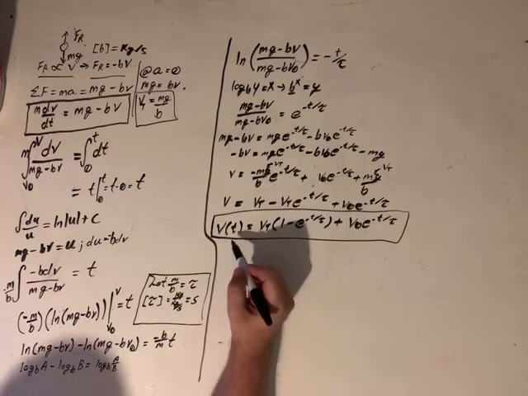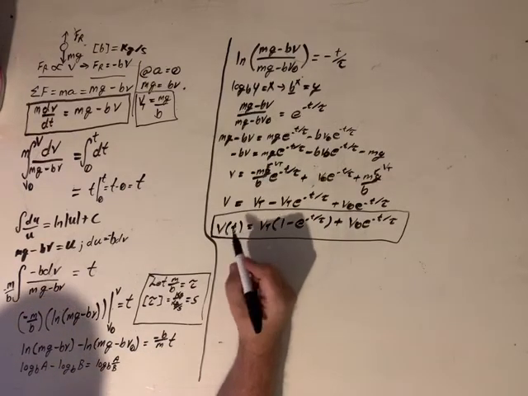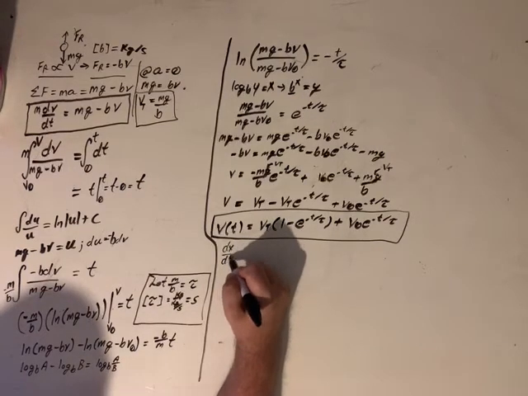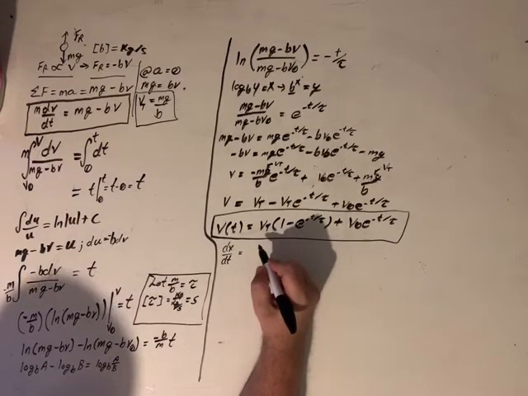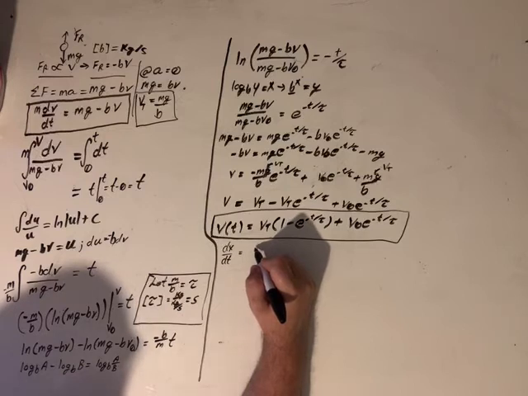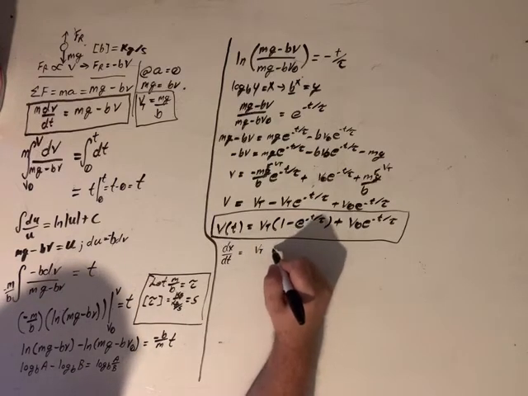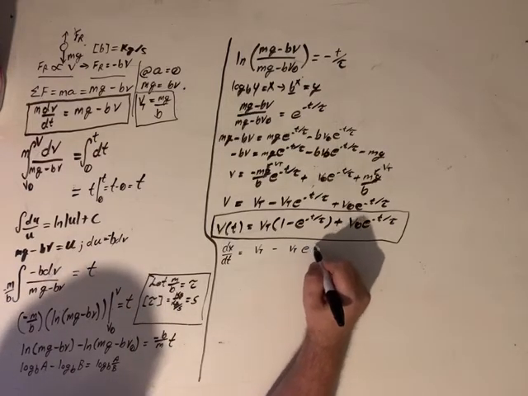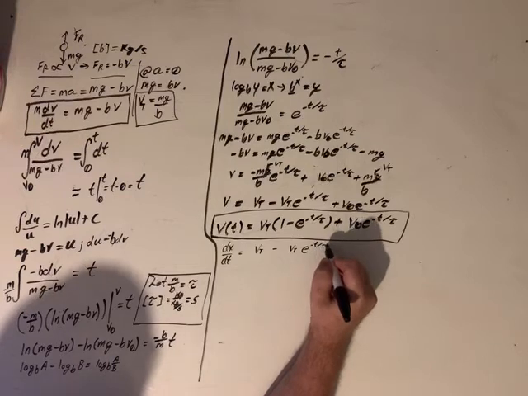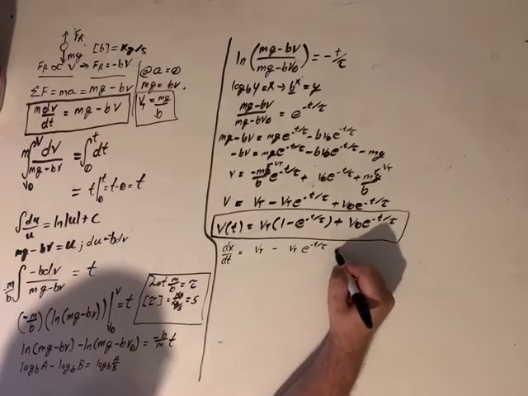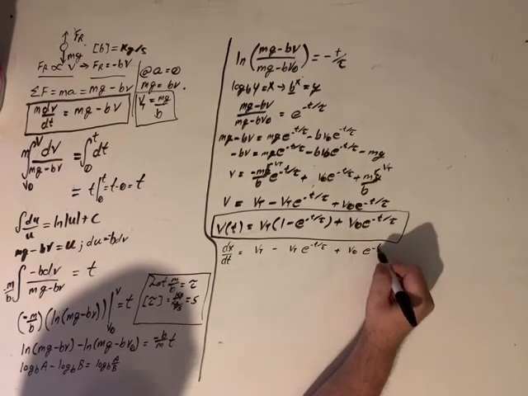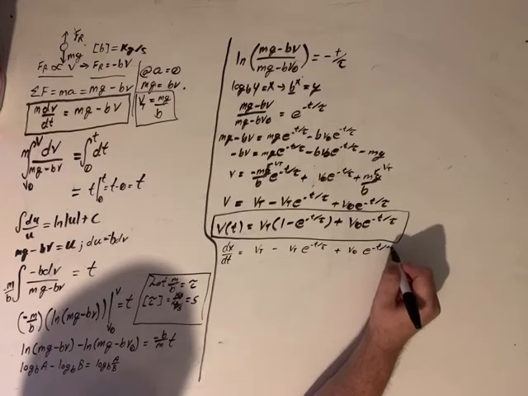Well, if we remember that velocity is the derivative of position, I can say dx over dt equals v sub t minus v sub t e to the negative t over tau plus v sub 0 e to the negative t over tau.